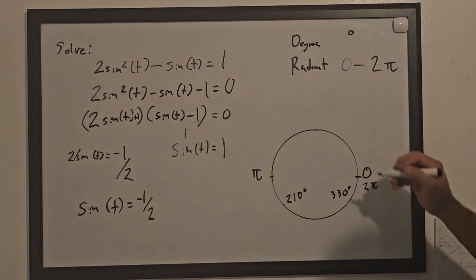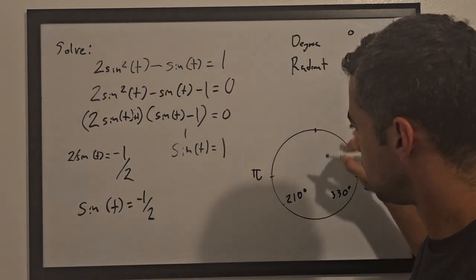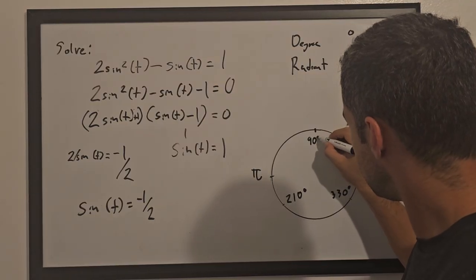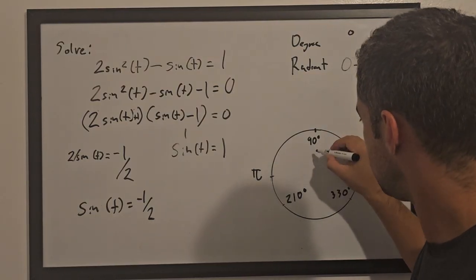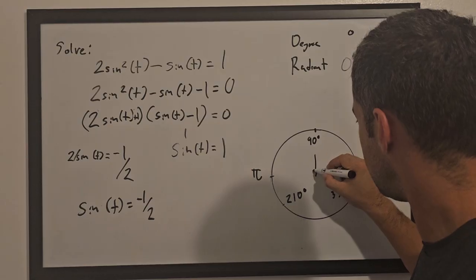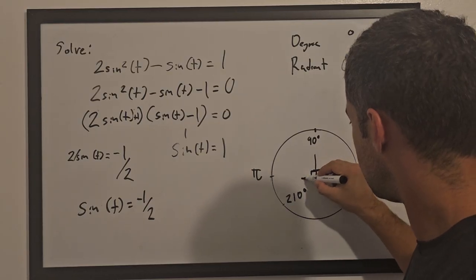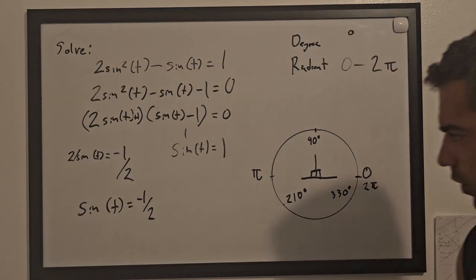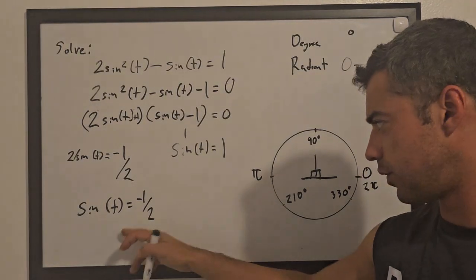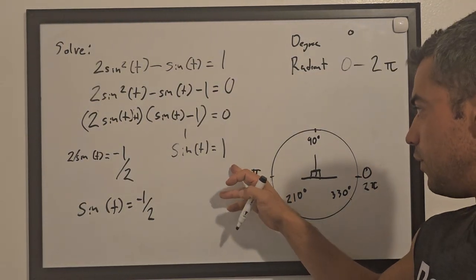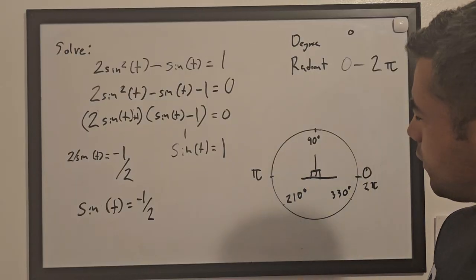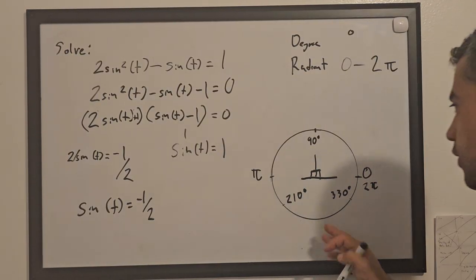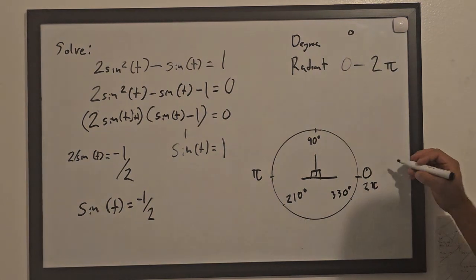And this point here becomes 90 degrees, because that's the point of the 90 degree angle for both sides. So we're gonna look and see where sine 1, value 1, falls on this circle, and where sine for -1/2 also falls on this circle.